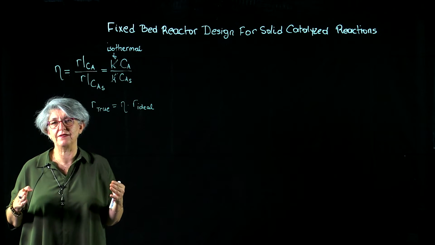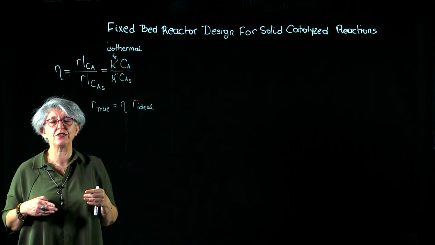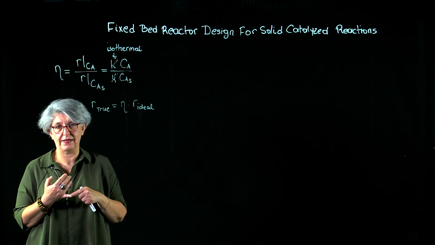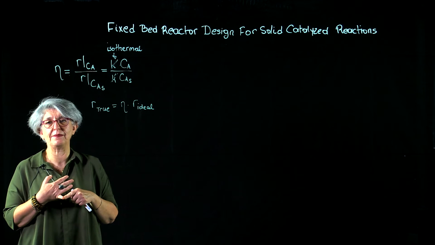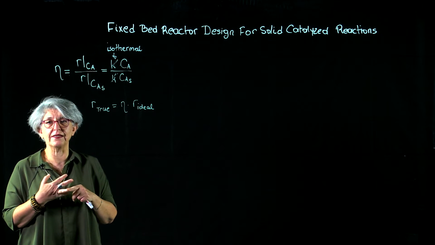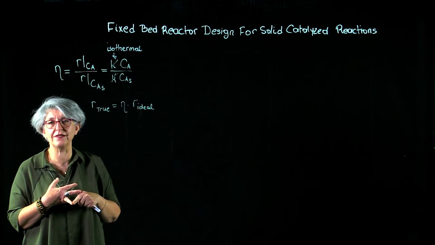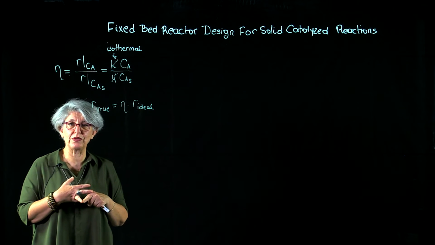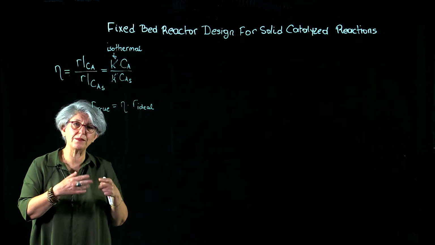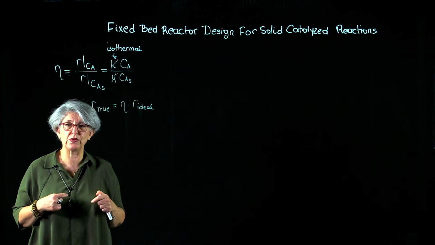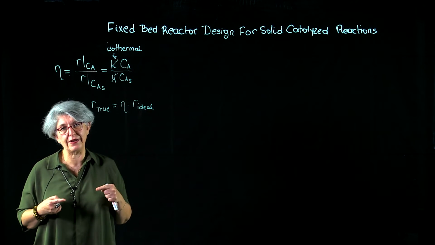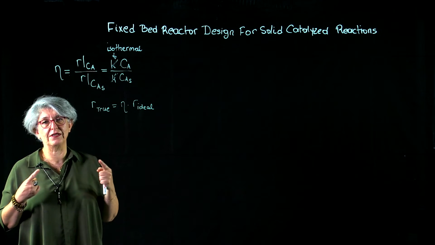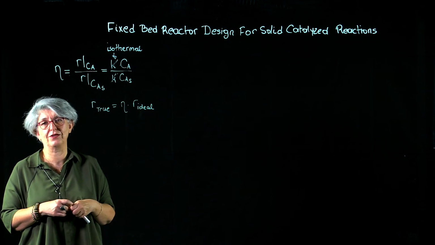And we have derived the design equations for the idealized well-mixed reactor and idealized plug flow reactor, and we are now going to change our vocabulary, and we are going to design our reactors under non-idealized conditions.